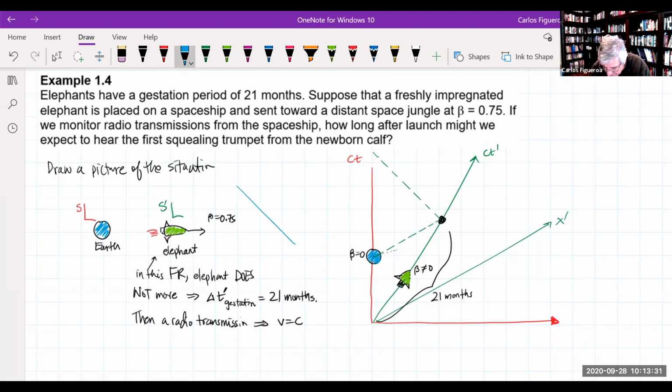At 45 degrees, this is V equals C. If I look at this other one, this is V equals C here. So I'm setting up my light cone so that this is V equals plus C. And then on this guy over here, it's V equals minus C. So these two guys here, this should be the radio transmission.